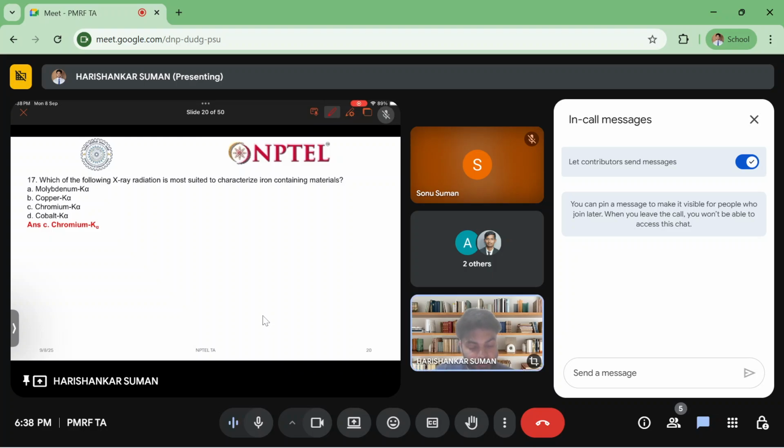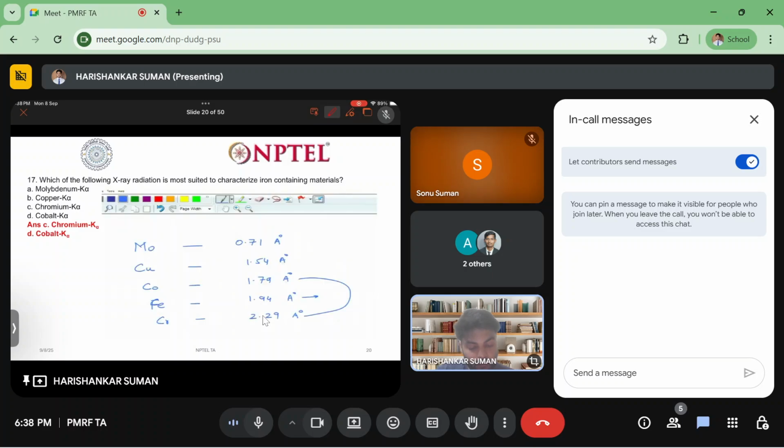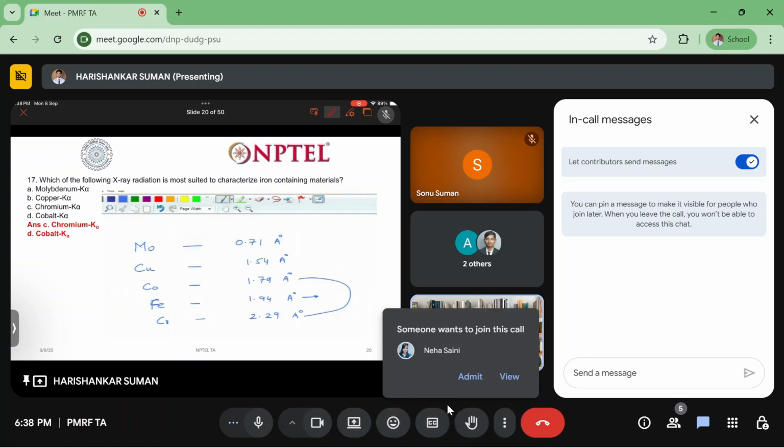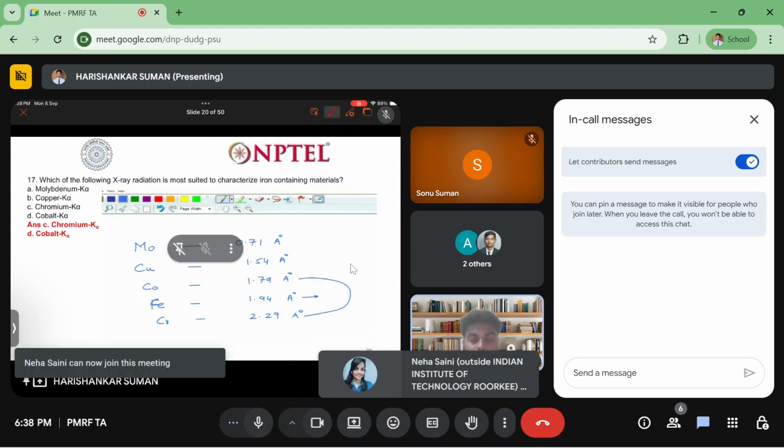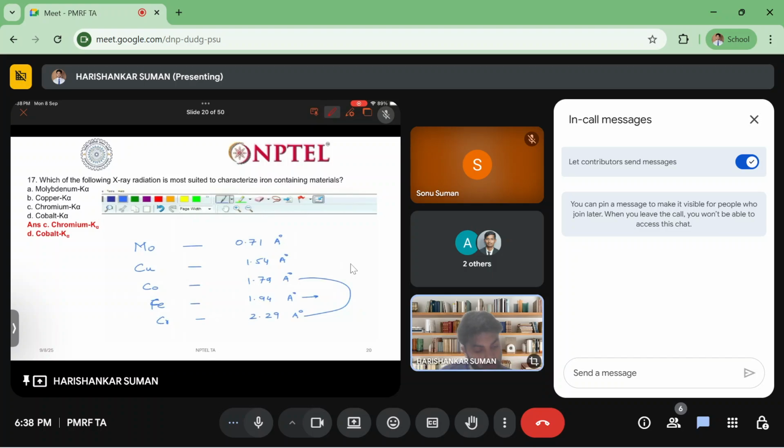So answer will be C. Check your answer, and D also. You can see in the picture, cobalt and chromium have characteristic wavelengths of 1.79 and 2.29, while iron (Fe) is 1.94.